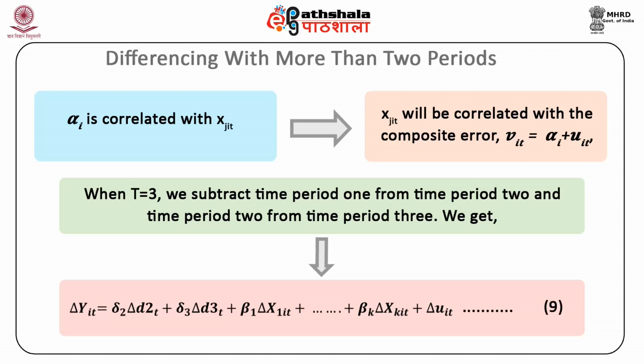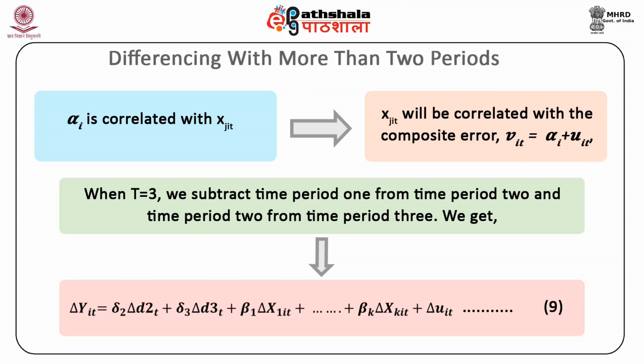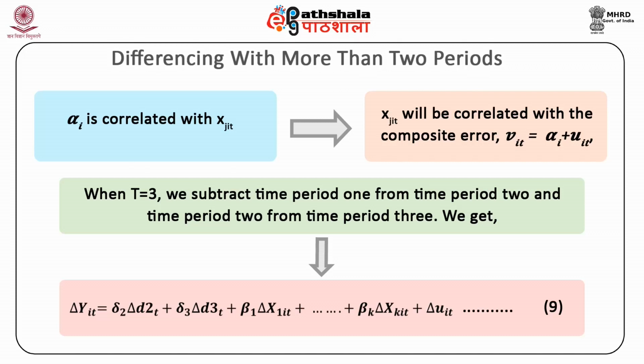This is our equation 9 for time period 2 and 3. Note that we do not have a difference equation for t equal to 1 because there is nothing to subtract from equation for t equal to 1.